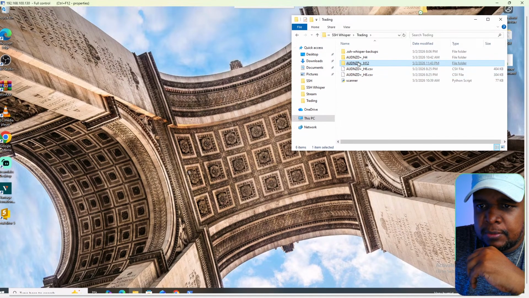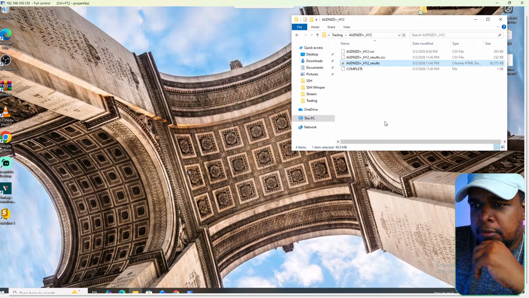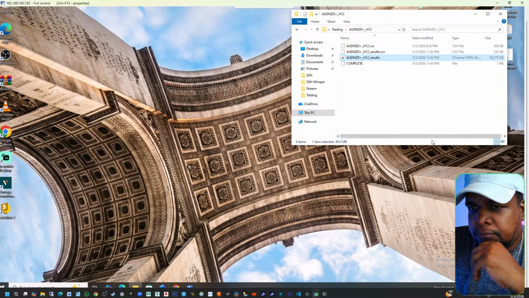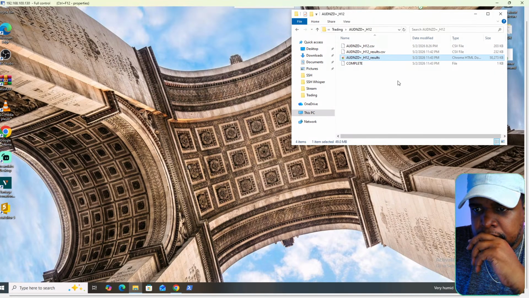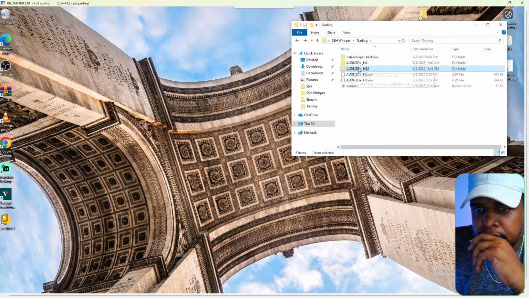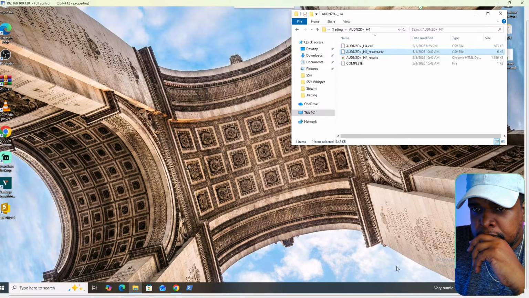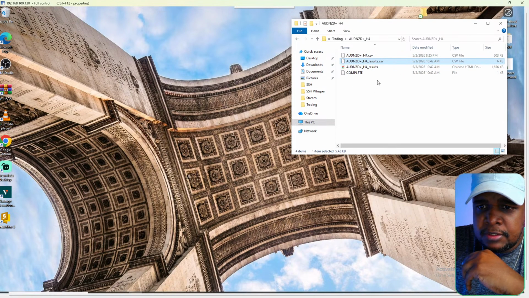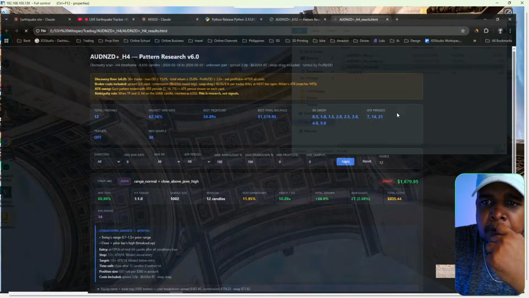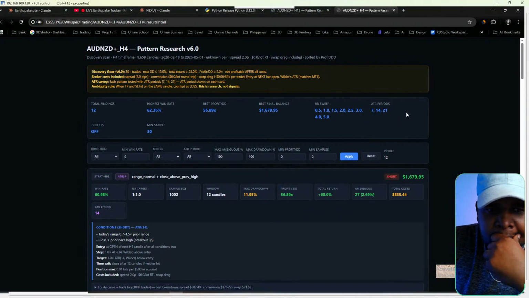It looked like that scan was just completed. All right, so this is the scan that was just completed, and these are the strategies that it found.